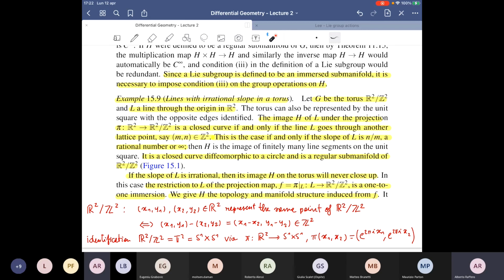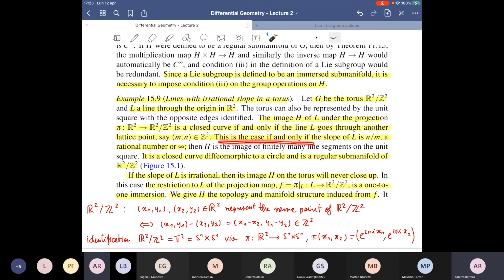So now what we are doing is to consider a line through the origin in R2. If you consider the projection from R2 to the torus, then the image of this line, which we will denote by H, might be a closed curve if and only if the line in R2 goes through another point of Z2, so a point given by a pair of integer numbers.